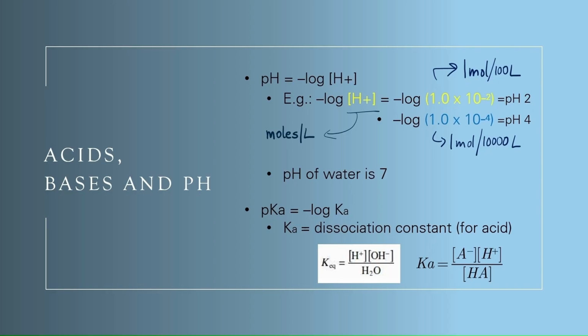So pH 4 in contrast would be higher pH, meaning lesser acidity, meaning lesser proton concentration. Alright? The pH of water is 7. What does that mean? So it leads us to concluding that it's 1 mole of protons per, that's about, I think, 1 billion liters of water.